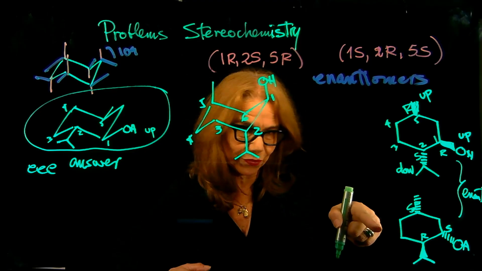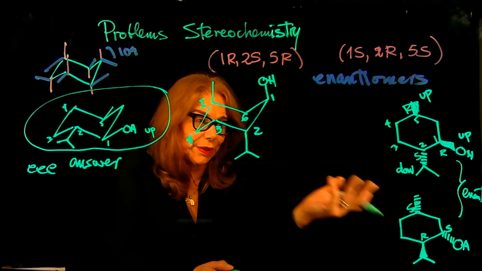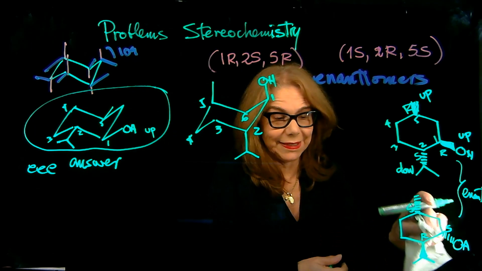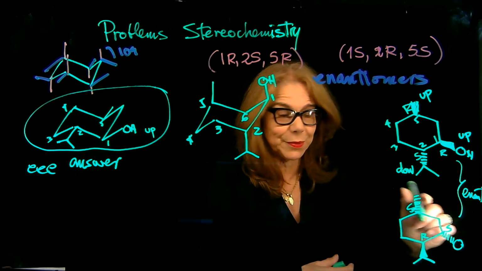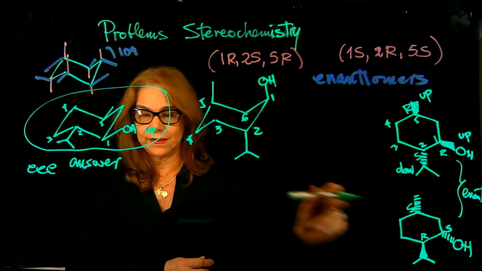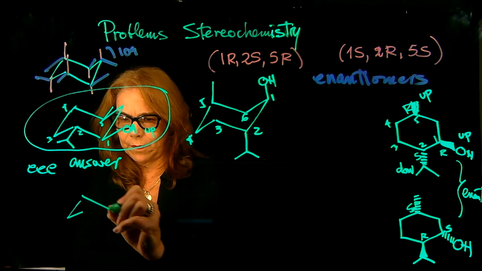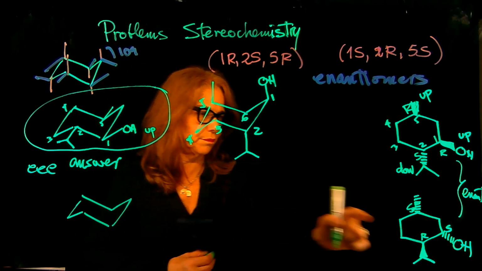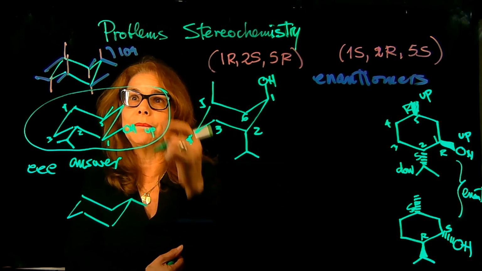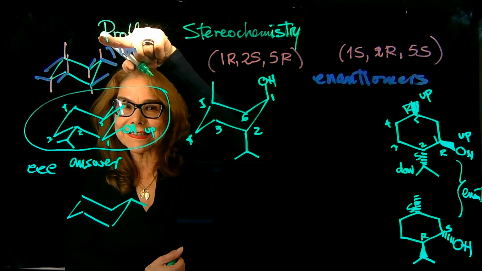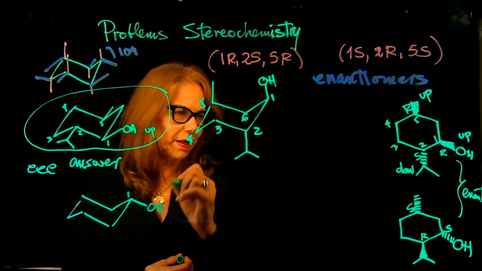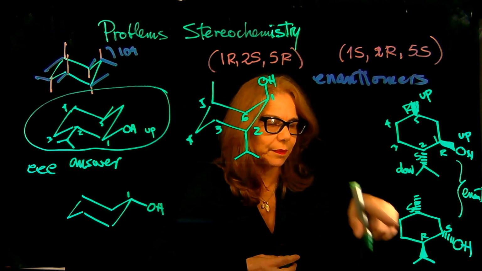So now let's do that again. I'm going to start by putting the OH here, and I'm making it equatorial because I want to put most substituents in equatorial if I can. So that is the enantiomer. Because I want this in equatorial, I'm going to say this is carbon number 1, and I'm going to put my OH there. And then this is carbon 2.